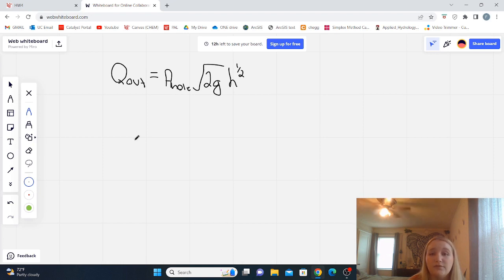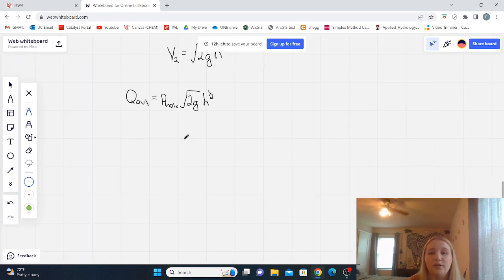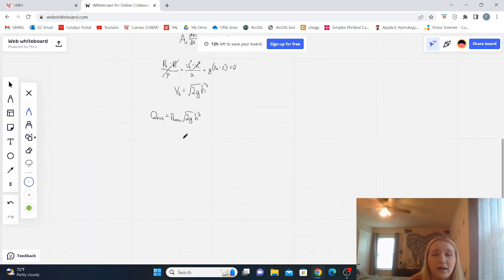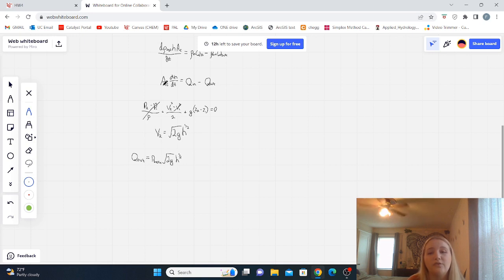Okay, so now that we've solved for that, we can actually go back and place that substitution in, and also because we pulled that cross-sectional area out because it was a constant, we can divide that over to the other side.